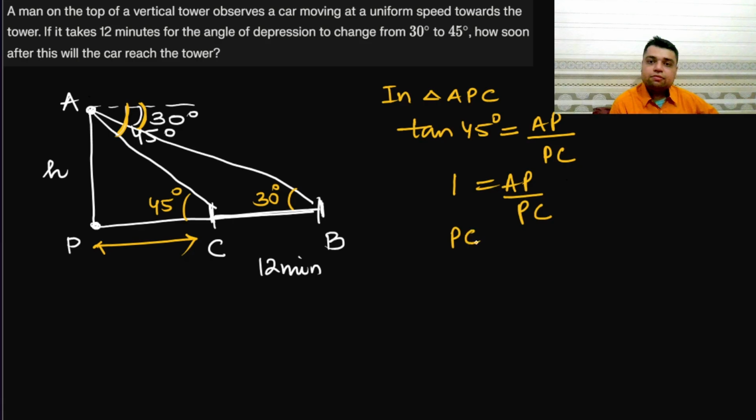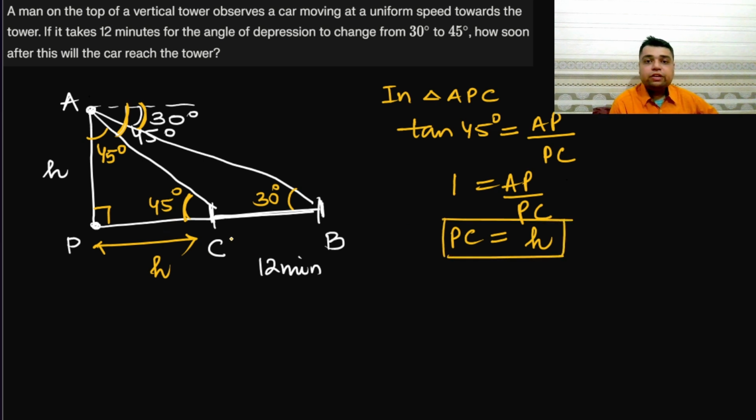So PC will be equal to AP, which is h. So this is also h. And basically you can also directly say that if this is angle 45, this is 90, this will be 45 automatically, angle sum property. And sides opposite to equal angles are equal, right? So this is also h, directly you can say, or you can use this also, both are correct.